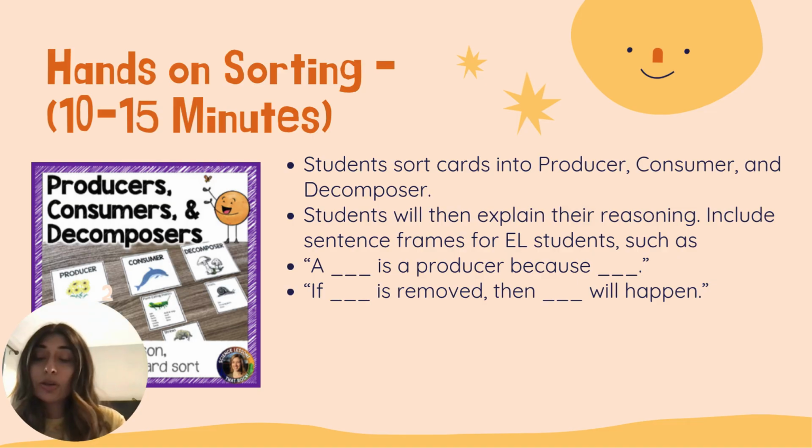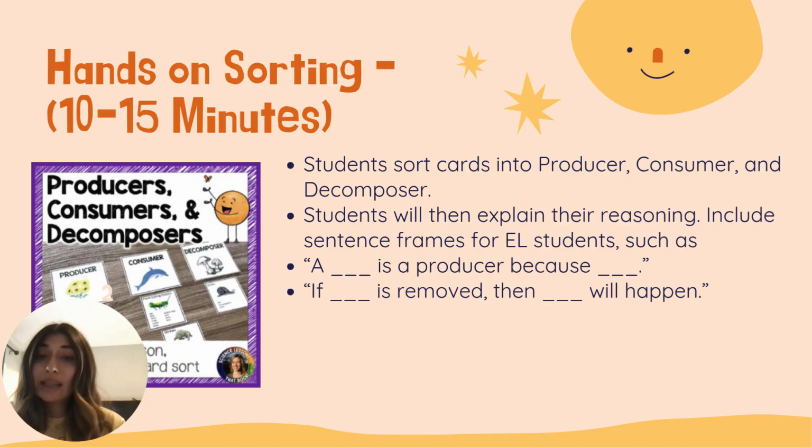Next, you are going to get in your groups and sort cards into what you think are producers, consumers, and decomposers. Once you all talk and sort your cards, we will move on. Afterwards, we will explain your reasoning. You will say, blank is a producer because blank.